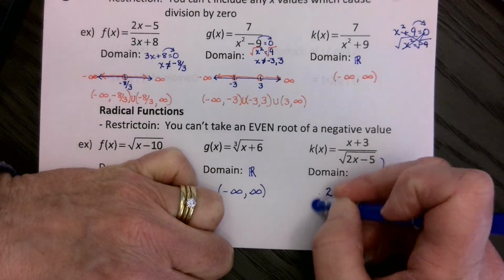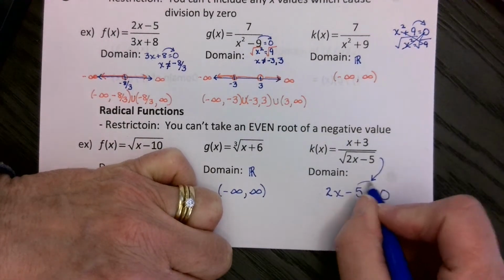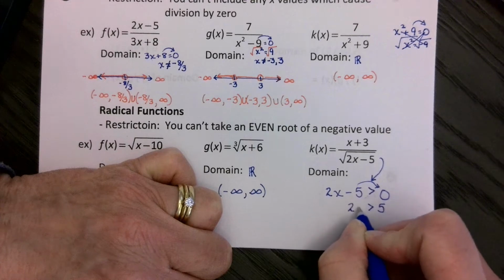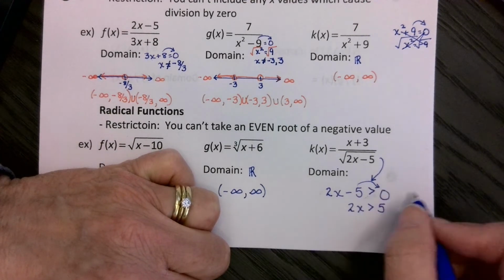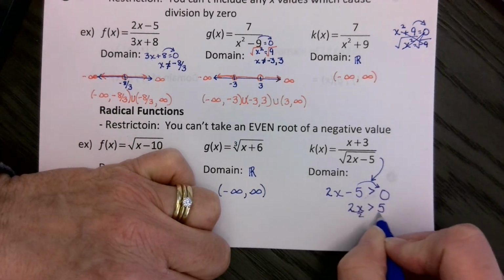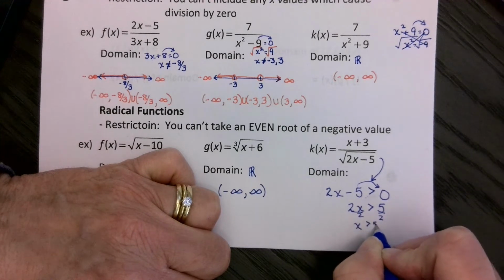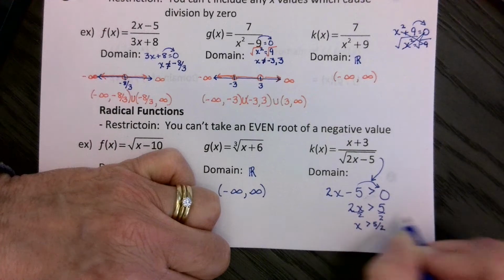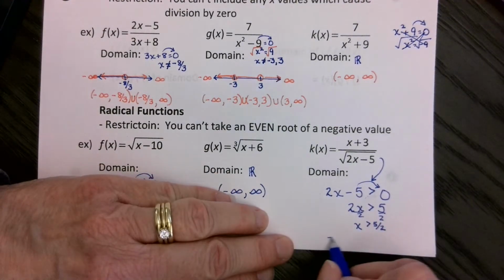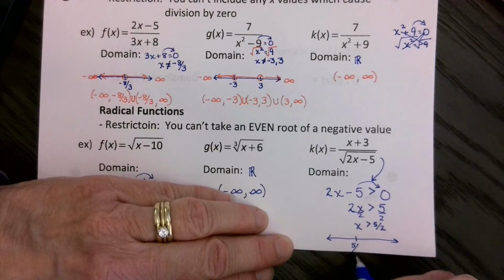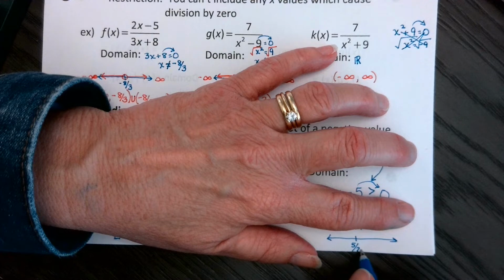So now you solve, take the 5 to the other side, you get 2x, you added the 5, so you divide by 2, and you get x is greater than 5 over 2. Well, put that on a number line. Here's 5/2. I don't know why I didn't put it in the middle, but oh well.